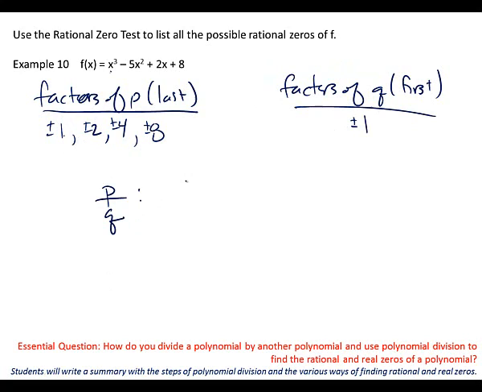So p is 1, divided by 1 is still 1, right? 2 divided by 1 is still what? 2. So basically I'm taking this and dividing it by that. 4 divided by 1 is 4. 8 divided by 1 is 8.